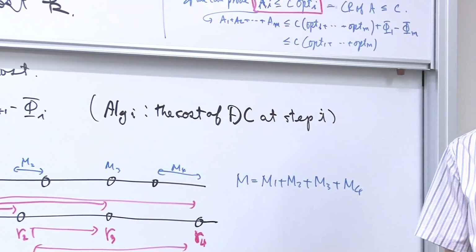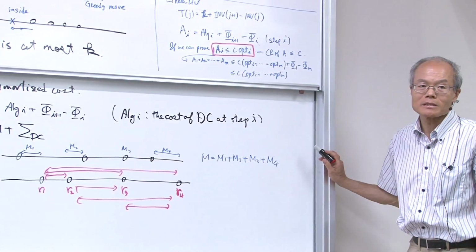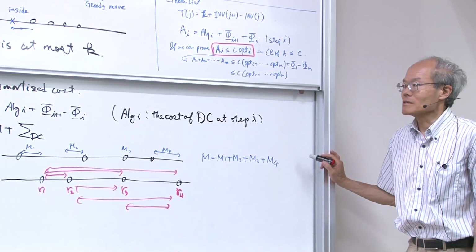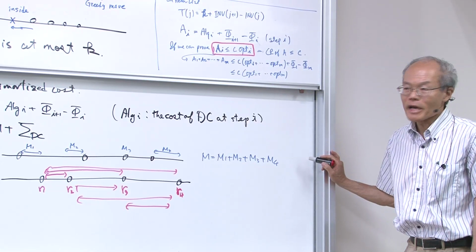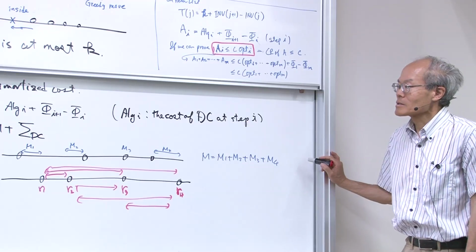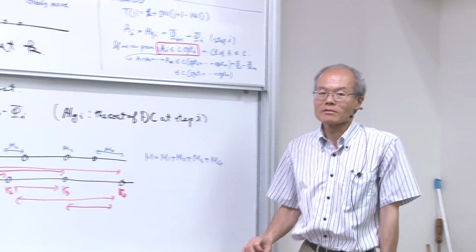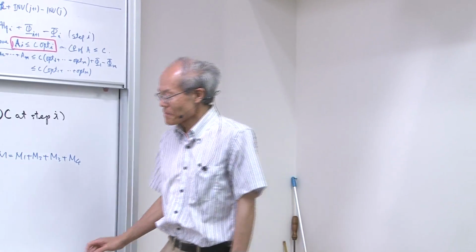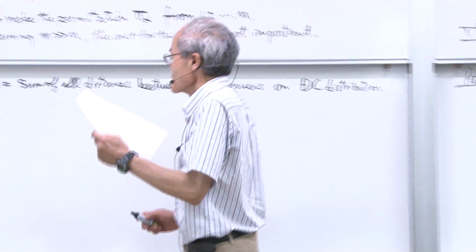So the sum of all those red distances is sigma DC. Okay? So phi is the sum of those two values. Now let's start our analysis.